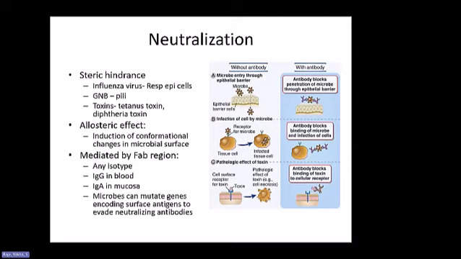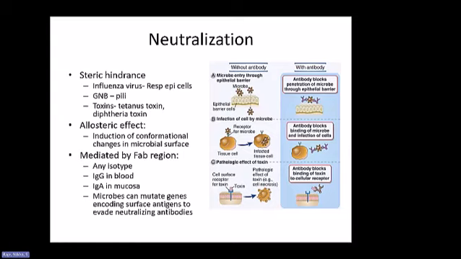So that part of the microbial surface is free, but because it attaches to the microbe in a way that causes conformational change in the microbial surface, even though physically it's not attached to that part, the microbe doesn't really bind to or enter the system as it would otherwise. And then this function is mediated by the Fab region.